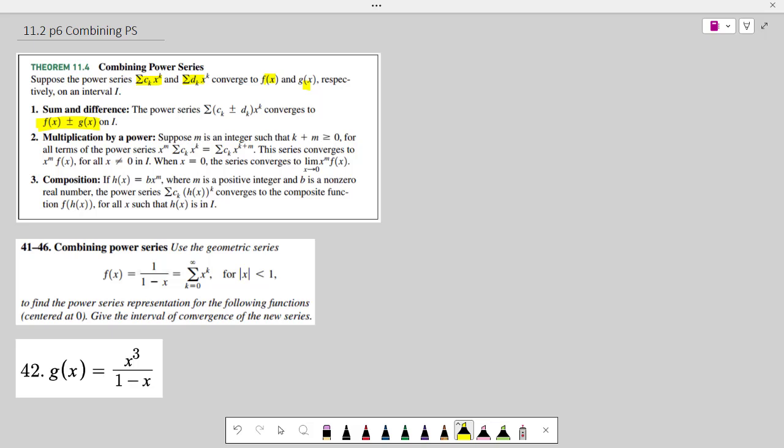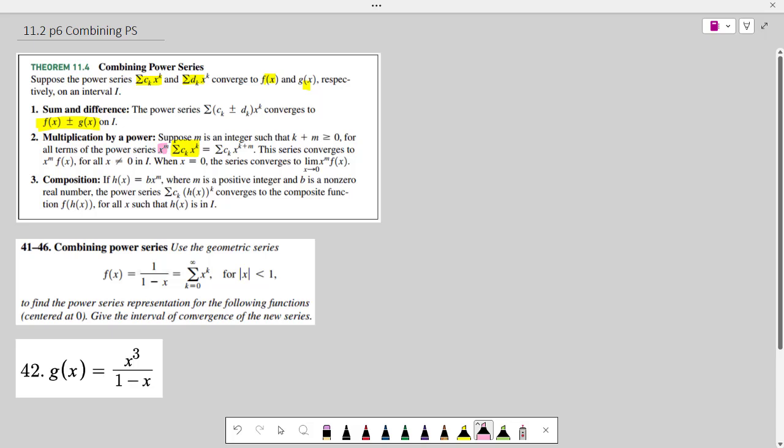So you've got two power series that converge. If you add them, you have a new convergent power series. If you subtract them, a new convergent power series. Okay, next one. We've got a convergent power series, and we multiply by a power of x.